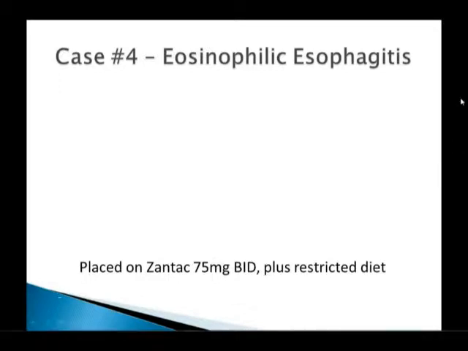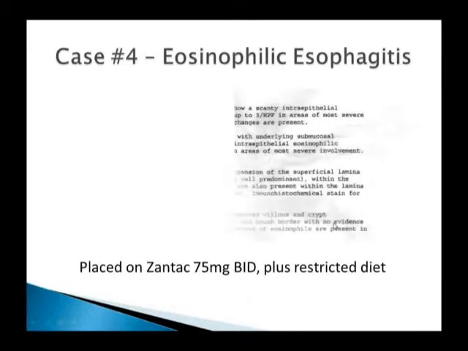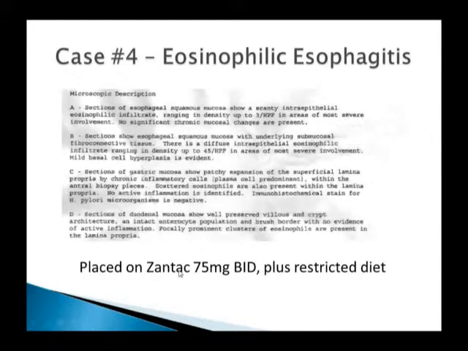So what they did is they put the child on an acid blocker and a restricted diet to try to turn off the immune system or turn things down. Okay, and this is just another part of that report showing that sections of the esophagus show intraepithelial eosinophilic infiltrate.